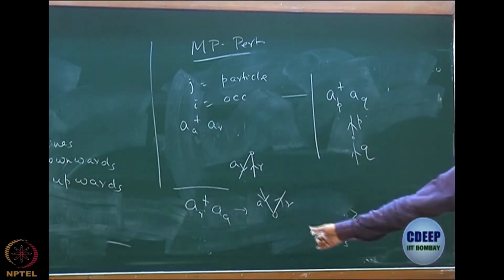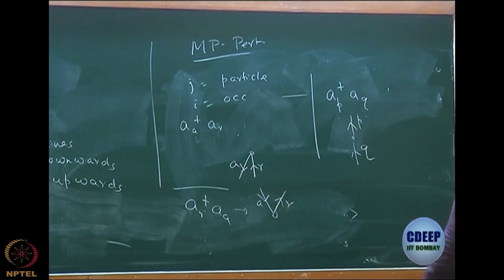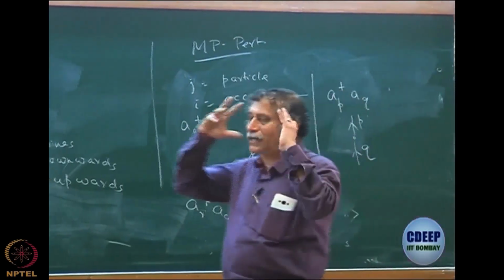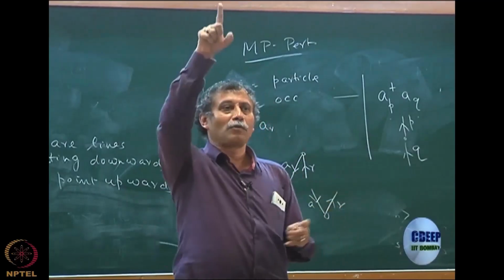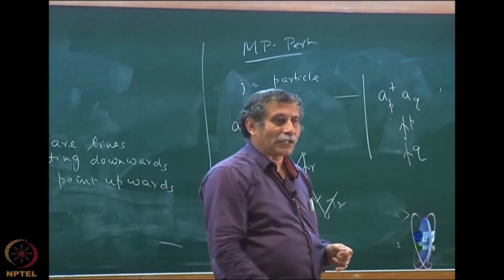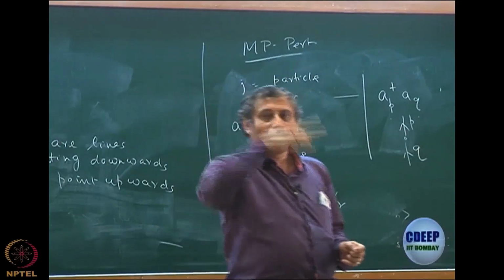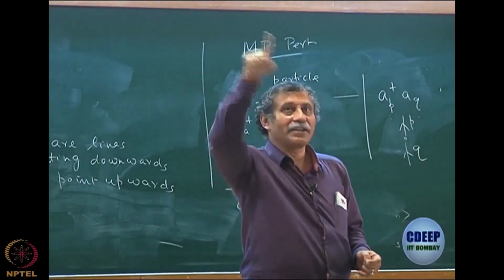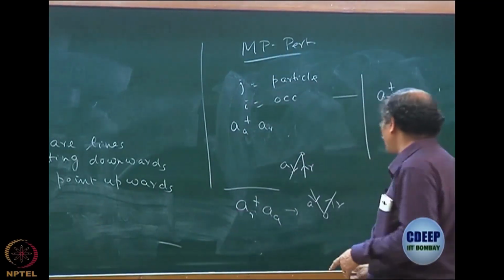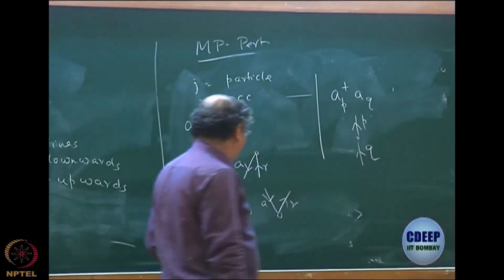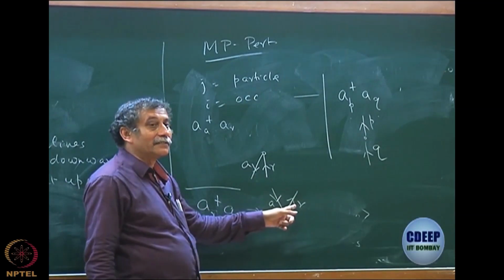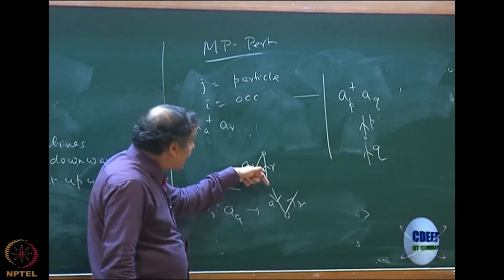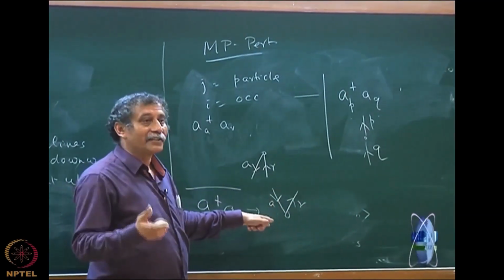Both are unoccupied here. So once you get into that mood, you can very easily do this. Both are occupied, it will go down. Both are unoccupied, it will go like this. One of them will be hole, another will be particle, one creation, another annihilation. Hole particle annihilation. So these are the 2 operators. Remember, I am calling this hole particle creation, because a being destroyed is actually a hole creation.